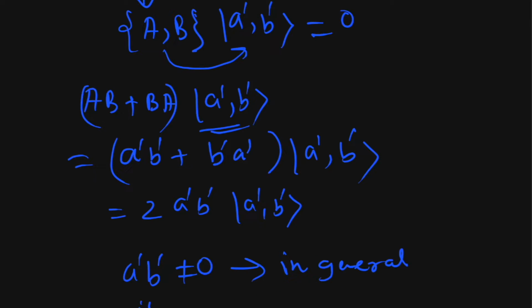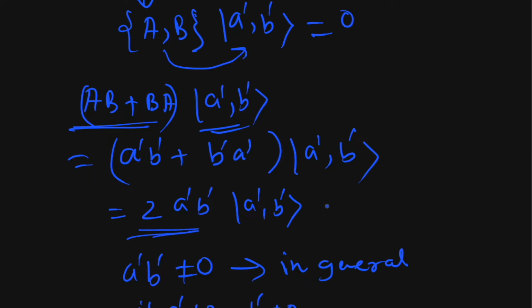If a' not equal to 0 or b' not equal to 0, this is not equal to 0. That means in general, if we operate on some simultaneous eigenkets, it should not give 0.